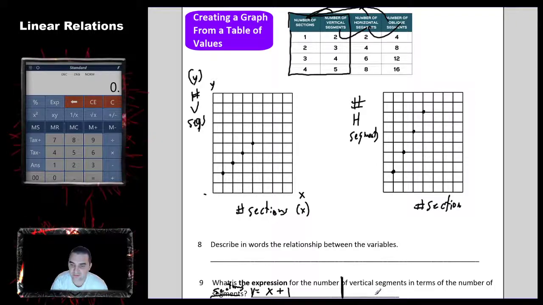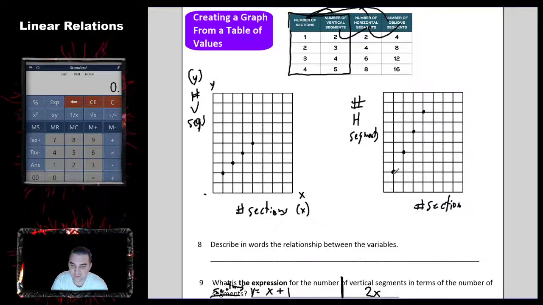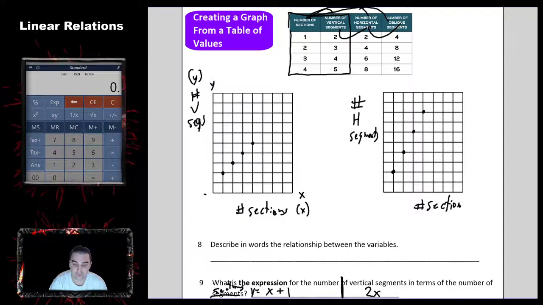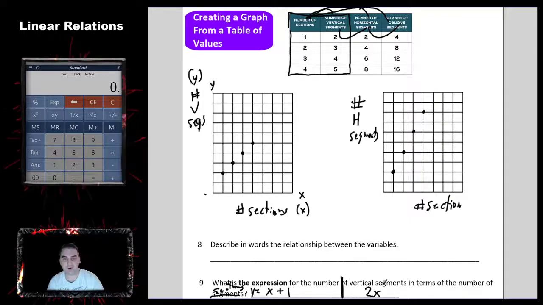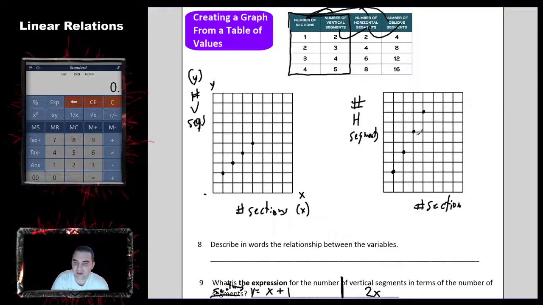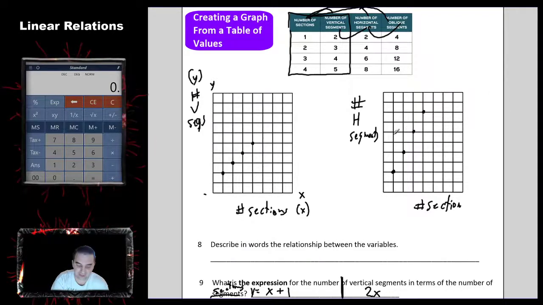So in this case, it would be the number of sections times 2. So just 2x. If x was 1, then it's 2. If x was 2, then it's 4. If x was 3, then it's 6. Okay? So you're just looking at the expression that shows the relationship between the two. And you can always test it with your table of values just to find out if it works.